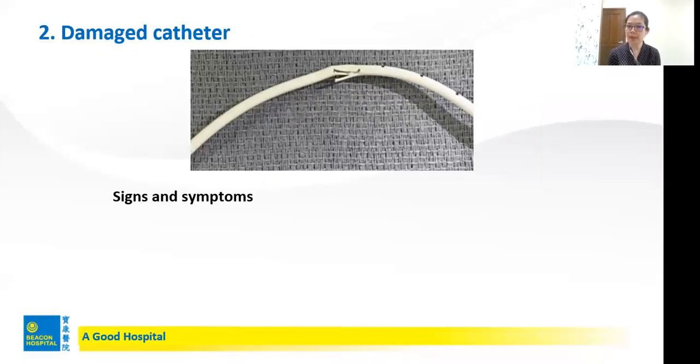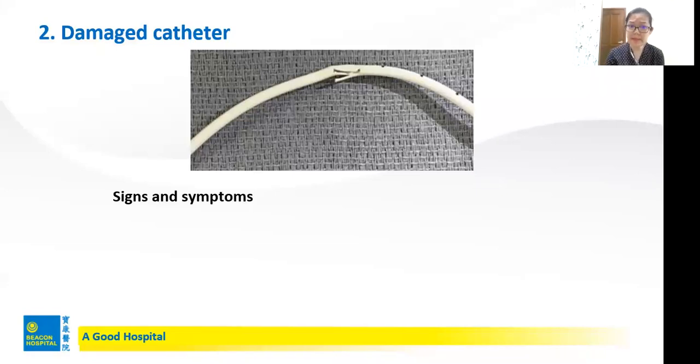Although we have a port, don't forget the port also has a long catheter underneath your subcutaneous layer, and also goes into your central vein with the tip reaching the superior vena cava, right? So catheter damage can happen to any CVAD.